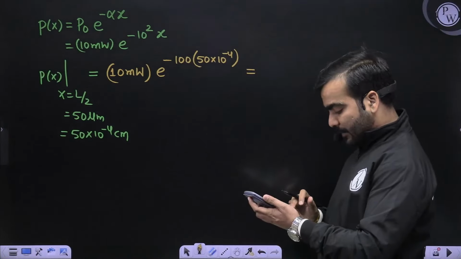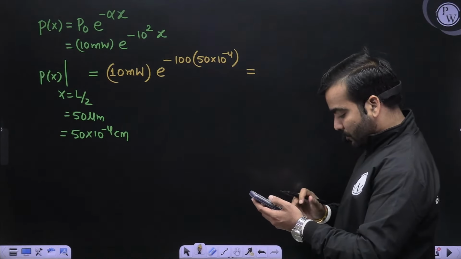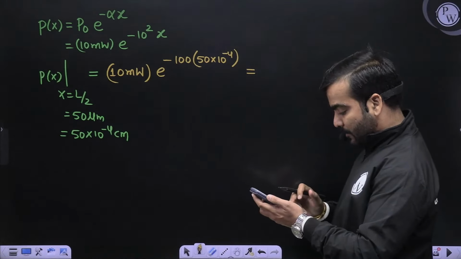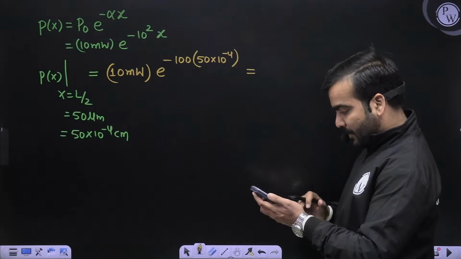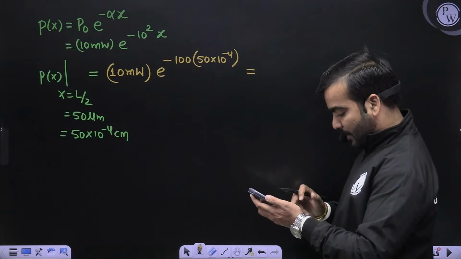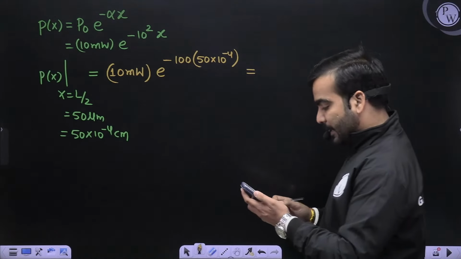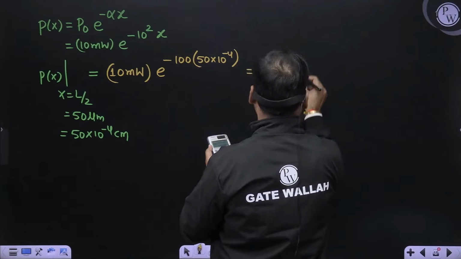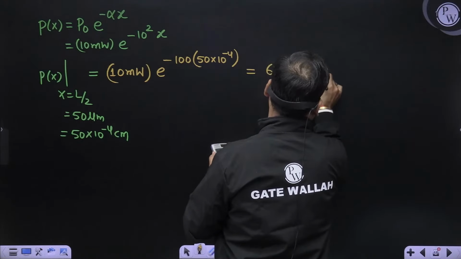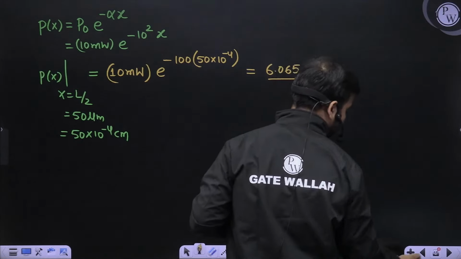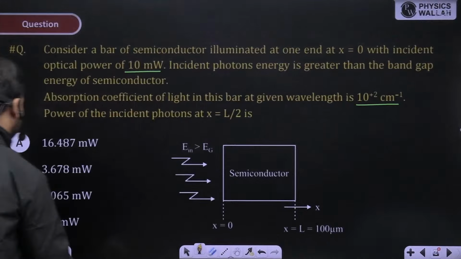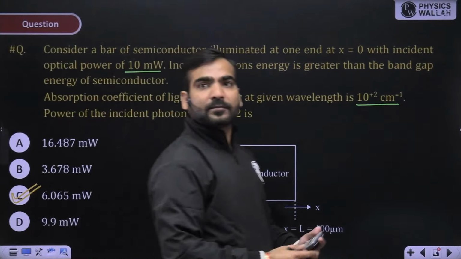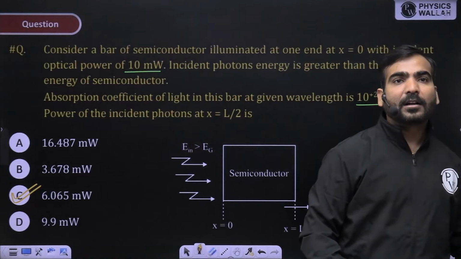So it is 10 into e to the power of minus 100 multiplied by 50 into 10 to the power of minus 4. So it is 6.065 milliwatt. This is the answer. So 6.06, where is 6.06? Option C. So C is the correct answer.